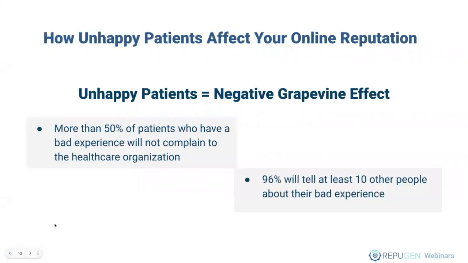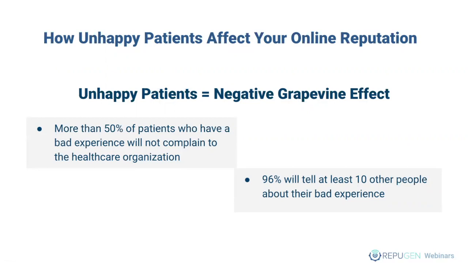And having unhappy patients at your practice raises the risk of a negative grapevine effect. According to the CAPS Care Improvement Guide, more than half of the patients who had a bad experience will not even complain to the practice. Let's think about that. Half of them don't even go to the practice and complain. However, 96% of patients that had a bad experience will go on and tell at least 10 other people about their experience.